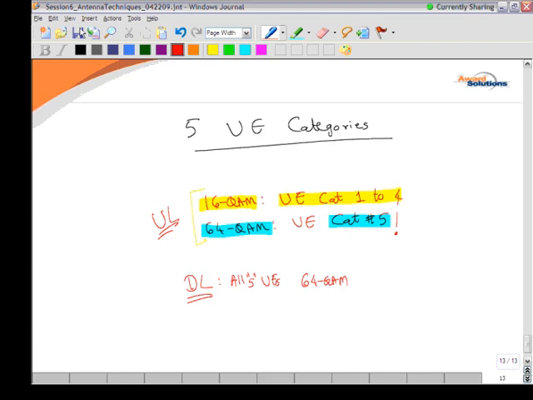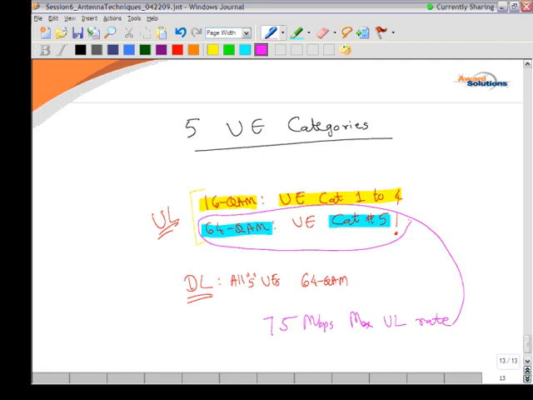And of course, when we say that we have 75 megabits per second maximum peak rate in the uplink, that is for 64QAM, category number 5.